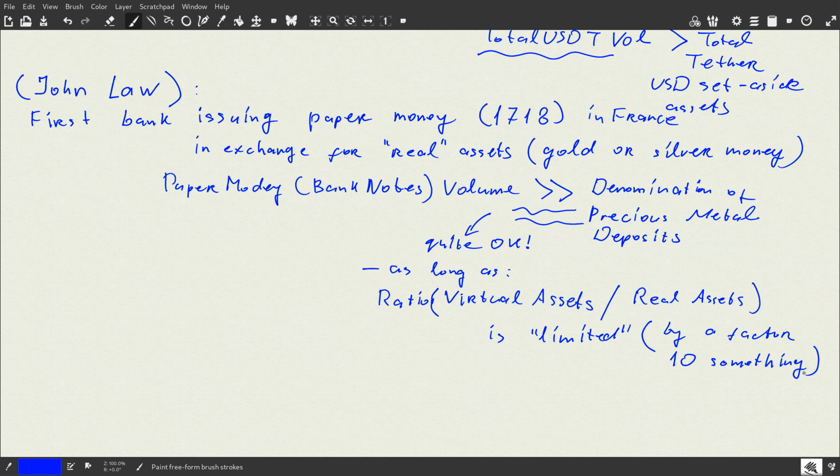10 something comes from risk management standards in the modern financial industry.